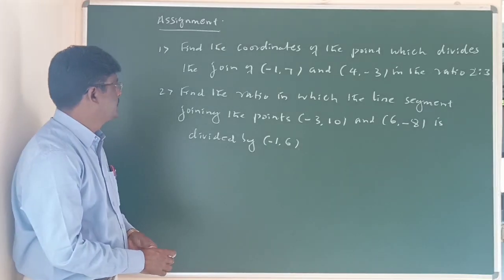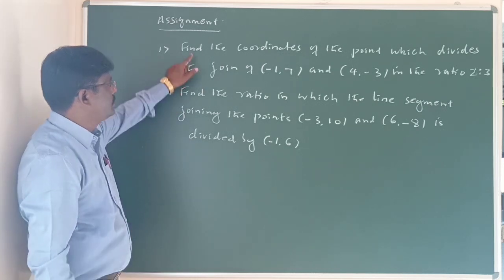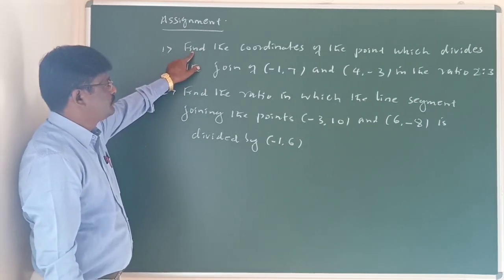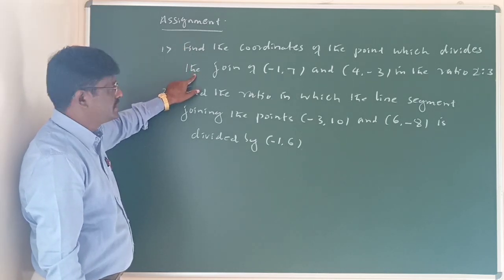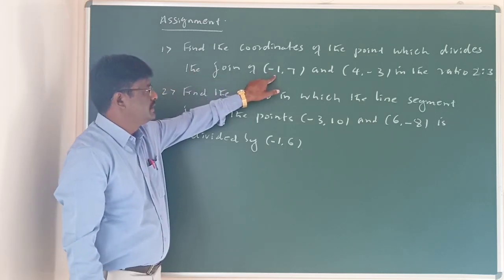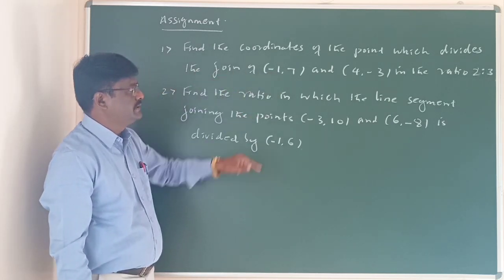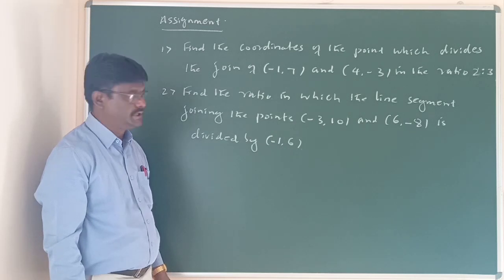Okay, today's assignment: find the coordinates of the point which divides the join, the line segment joining (-1, 7) and (4, -3), in the ratio 2:3.